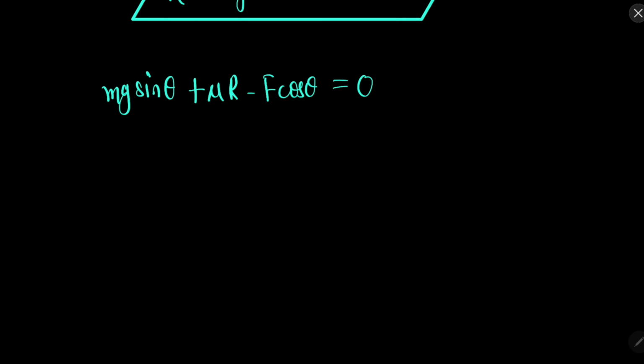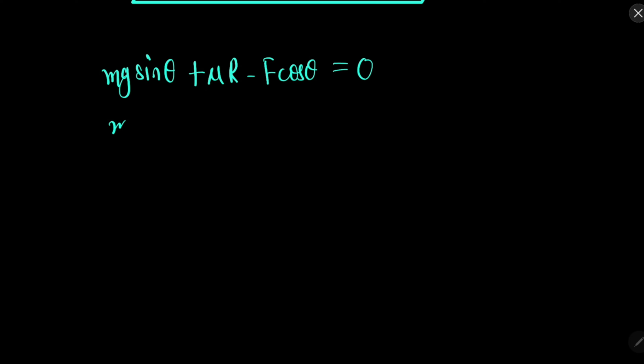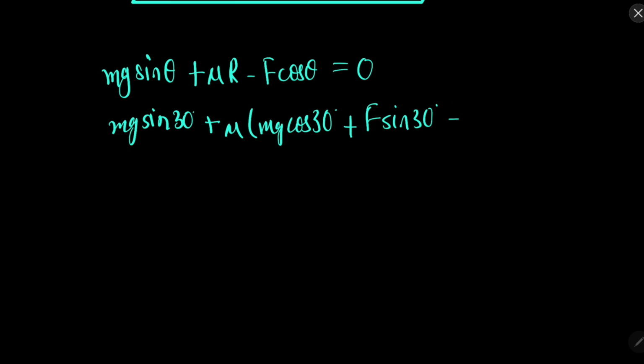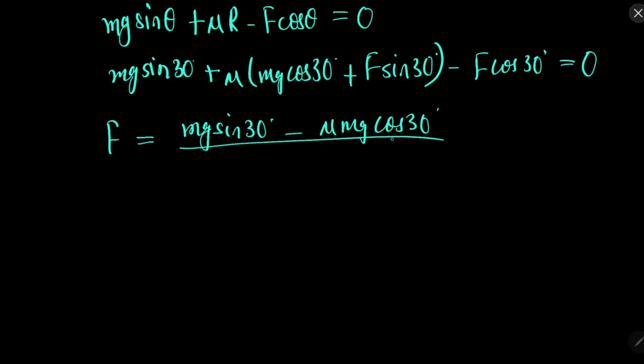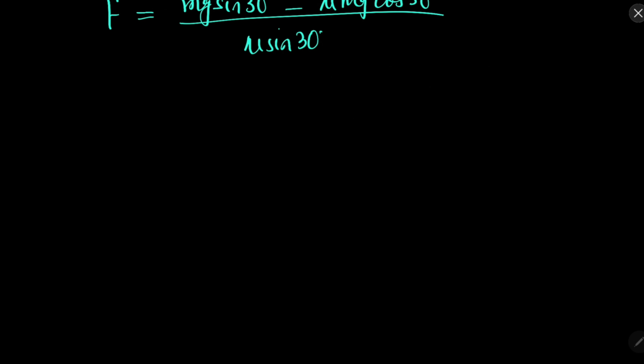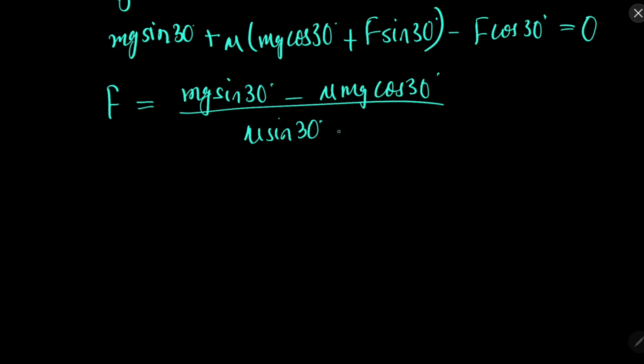Okay, so now ultimately mg sin 30 degree plus mu mg cos 30 degree plus mu F sin 30 degree minus F cos 30 degree equals 0. So once you simplify this, you will have F equal to mg sin 30 degree plus mu mg cos 30 degree upon cos 30 degree minus mu sin 30 degree.